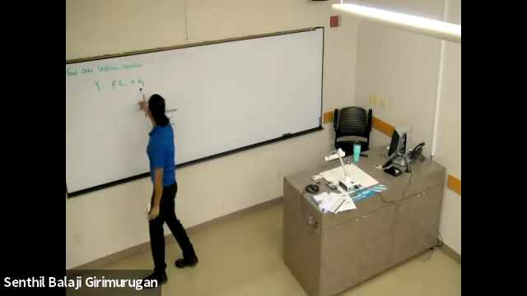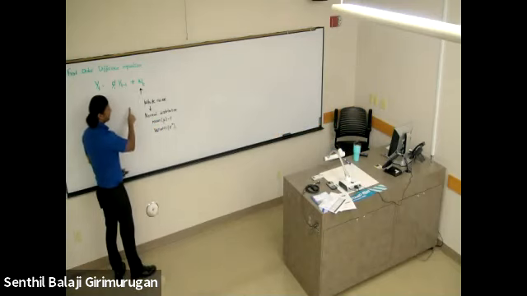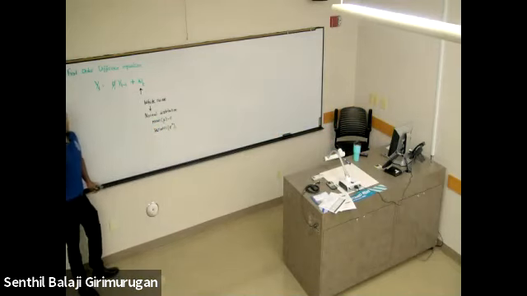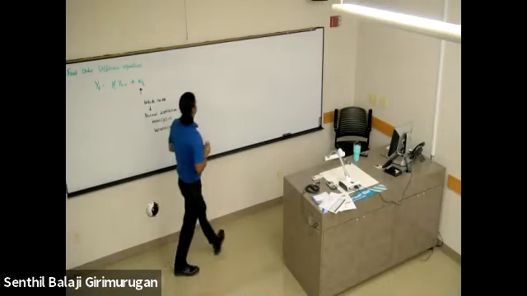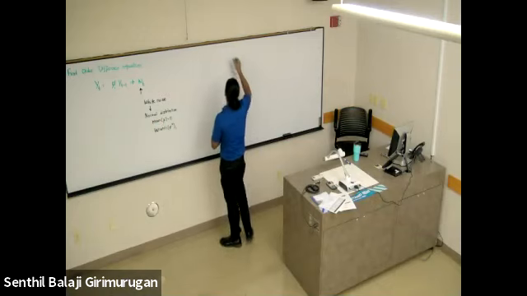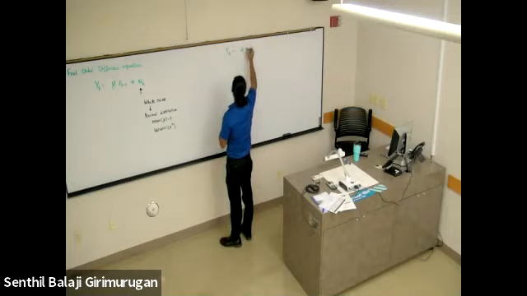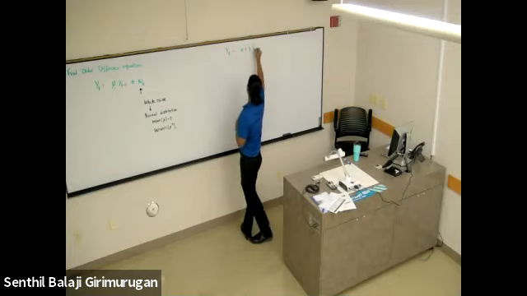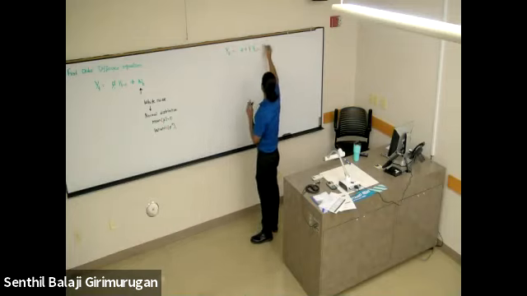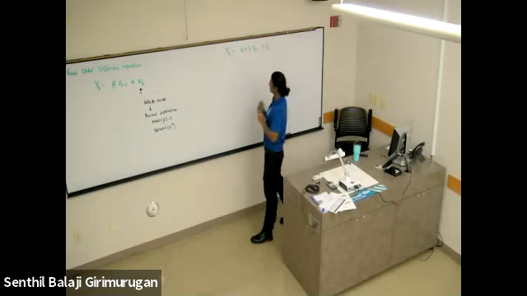Now, where does this white noise come from? If you go back and look at the time series model that we did last time, I said, okay, y_t could depend on, say, a plus b y_{t-1} plus epsilon_t.